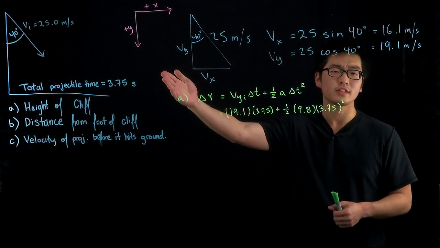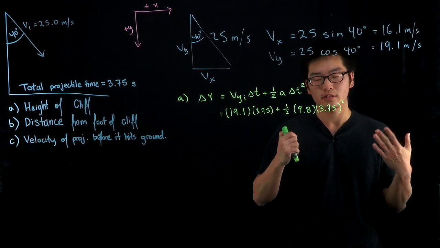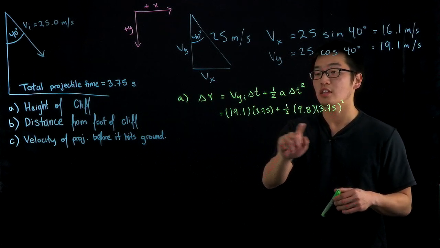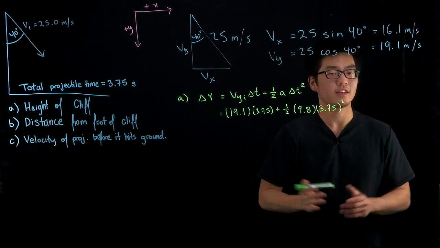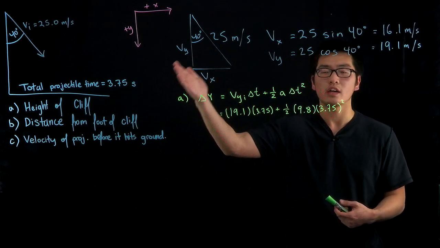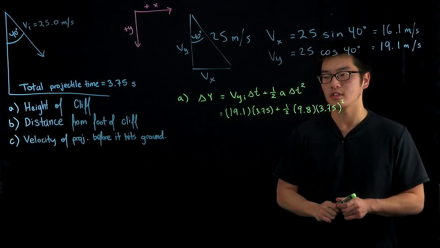But if you look at our coordinate system, we stated that positive is downwards, and since gravity is also accelerating downwards, our acceleration should actually be positive. So don't think that due to gravity, your acceleration will always be negative. It's completely dependent on the coordinate system that you stated.